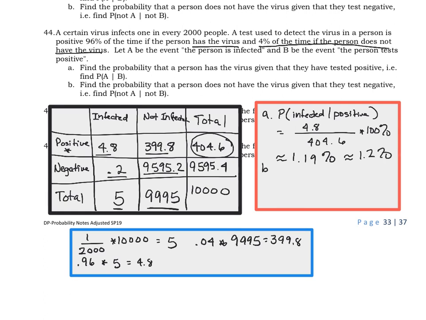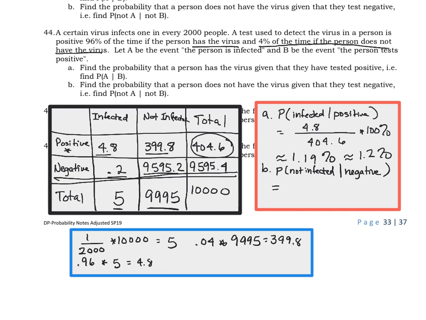And then B, what's the probability that the person does not have the virus, so they are not infected, given they test negative? Okay, so the fraction we'll use this time, first of all, we'll be looking in the negative row.